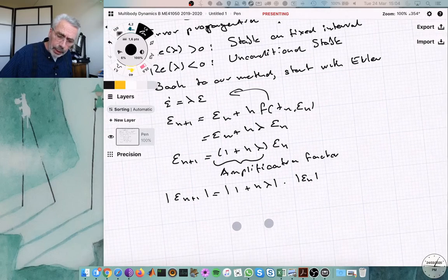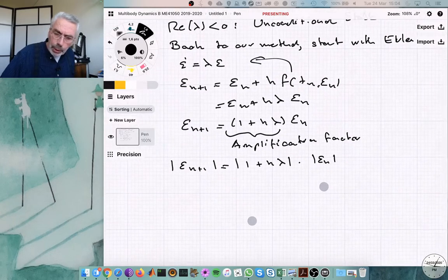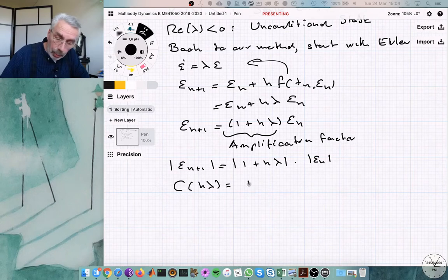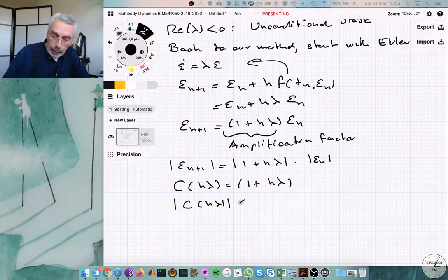We give that a name. We call it C, the amplification factor. We say C of h lambda in this case is 1 plus h times lambda. And we want to know in absolute sense, where is this less than 1? Because when it's less than 1, then we don't have propagation of errors. Now lambda, of course, is complex.